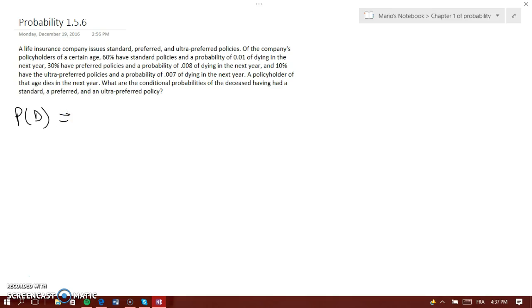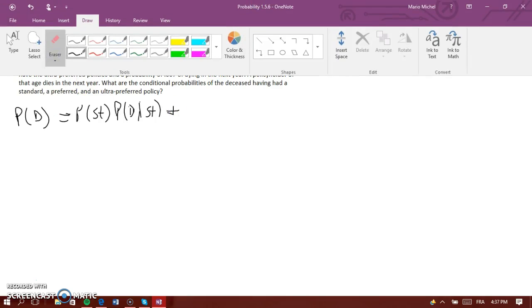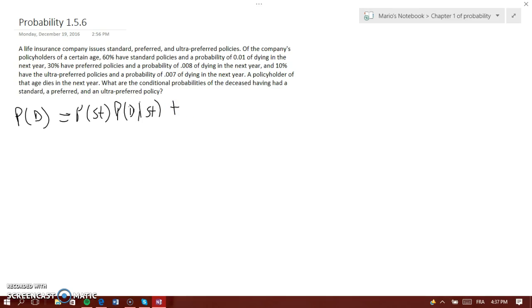So it's going to be the probability of having a standard times the probability of dying given you have a standard policy, plus the probability that you have a preferred policy times the probability that you die given you have the preferred policy, plus the probability that you have the ultra preferred policy times the probability that you die given you have the ultra preferred policy.